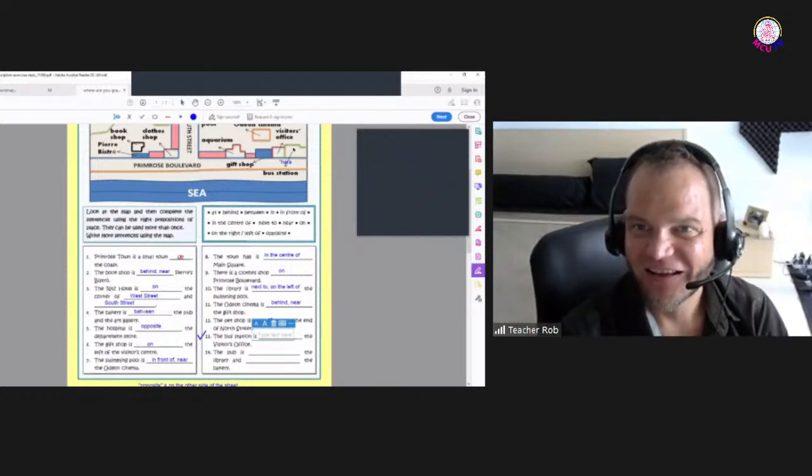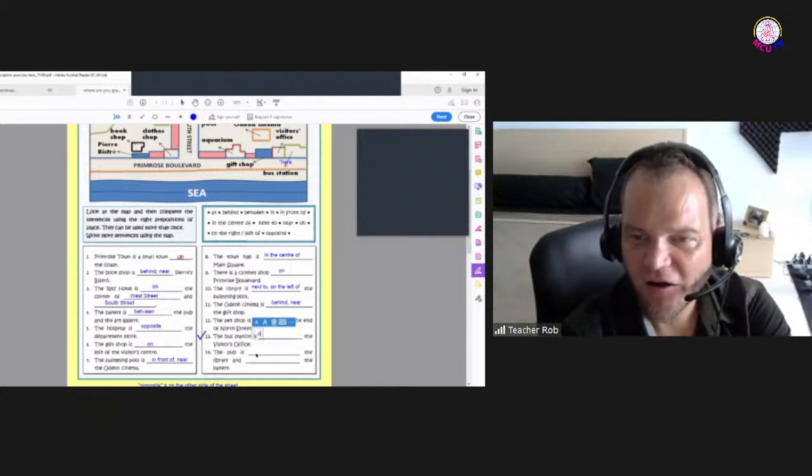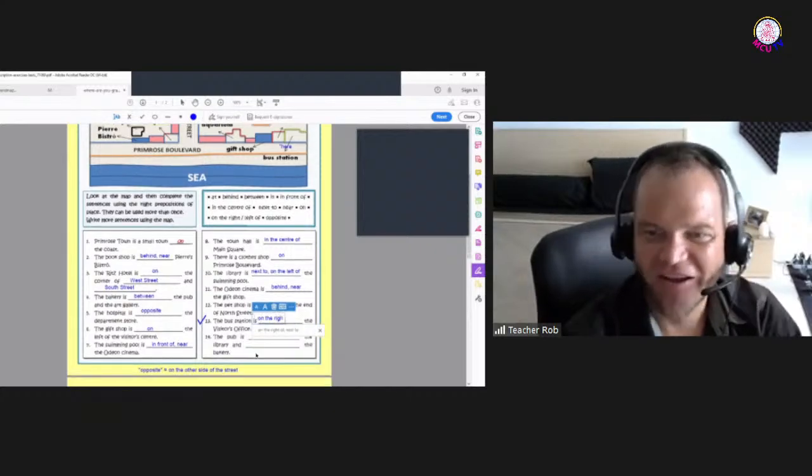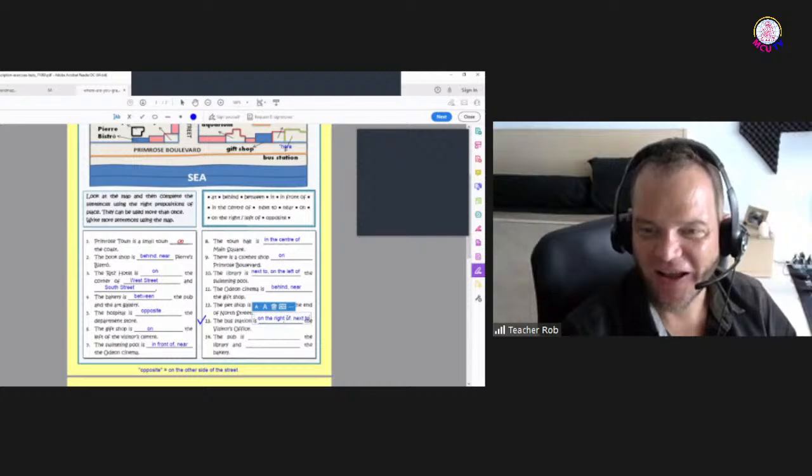On the right. Yeah. But if we're looking at it from here, if we're standing here, the bus station is the green one, would actually be on the right of, yeah. And then again, you can also say next to, right?